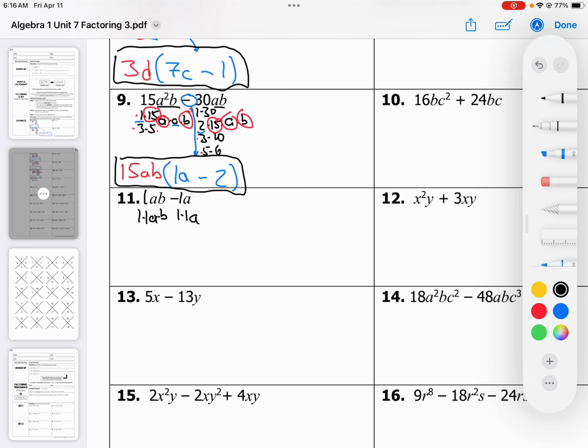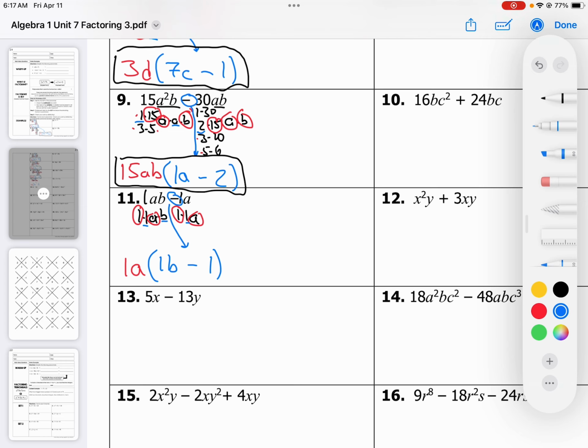So what it looks like they have in common is a 1 and also an a. So they would have 1a in common. Then what's left over is the 1 and the b for the first term, so 1b. And then what's left over for the second term is a 1, and a minus would go in the middle.